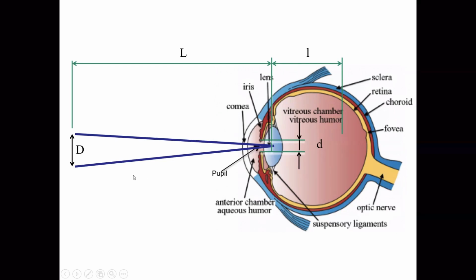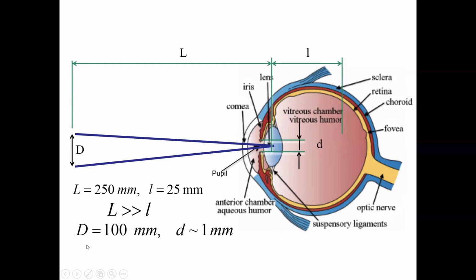Typically, this one is somewhere 30 centimeters, and this one, anatomically, we know 25 millimeters. So this distance is significantly longer than this one. Speaking about the diameter, if it is approximately 10 centimeters, and this is 1 millimeter, anatomically maybe 2, maybe 5 millimeters, nevertheless D capital is significantly larger than d small.